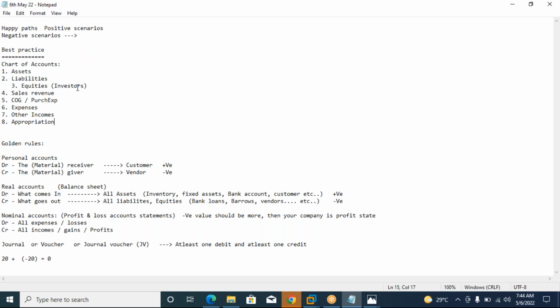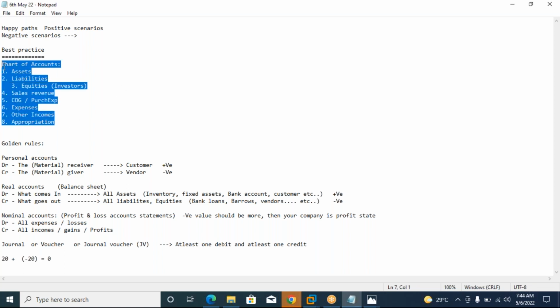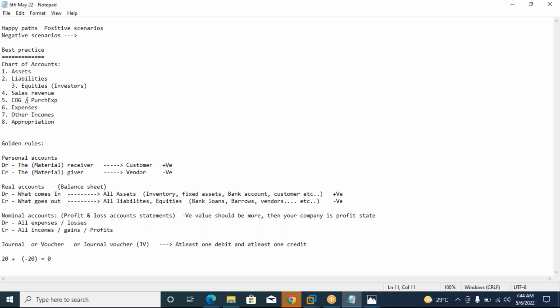Okay, fine. Now, 1 is assets, 2 liabilities, 3 equities, 4 sales revenue, 5 cost of goods or purchase expenses, 6 expenses, 7 other incomes, and 8 appropriation. In the 7 series, in real-time scenarios, there are very few accounts, and the 3 series equities also has few, but the highest will be huge in expenses.